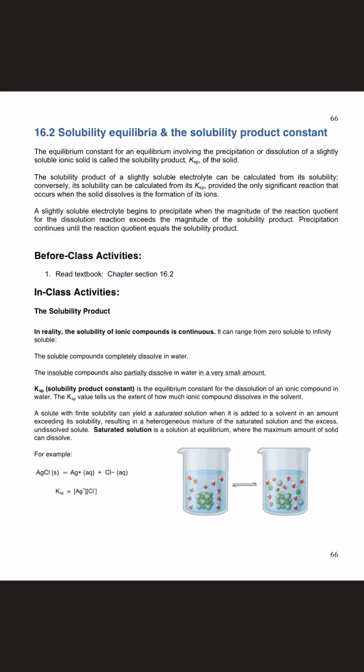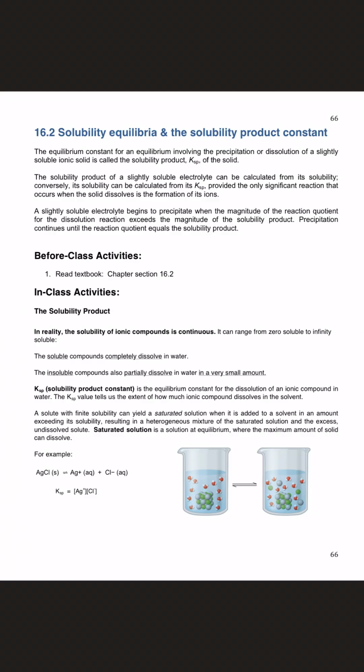And here is what KSP tells us. When you have a solid that dissolves in water, it partially dissociates, and how much of these ions are available in the water after dissociation is what we call the KSP. It tells us the extent of how much is dissociated. Therefore, the KSP tells us about the solubility of the ionic compound.